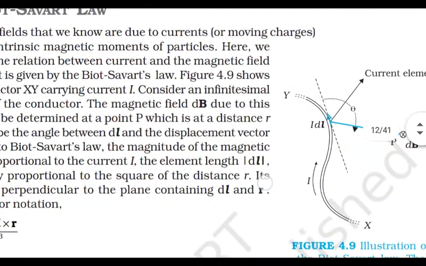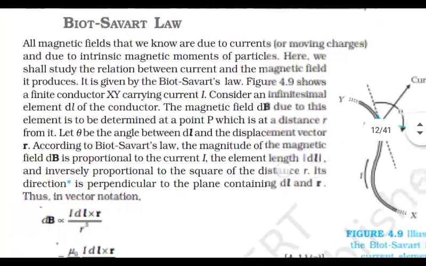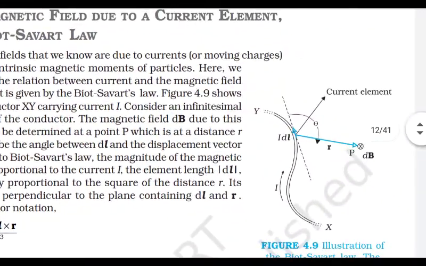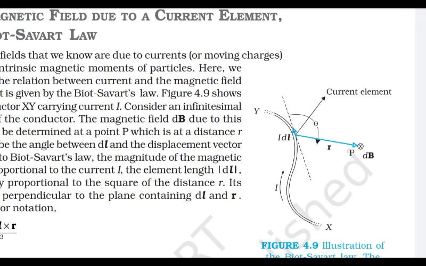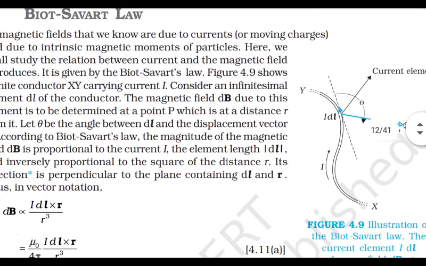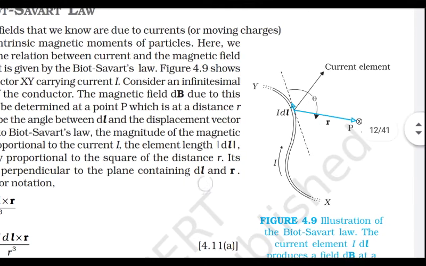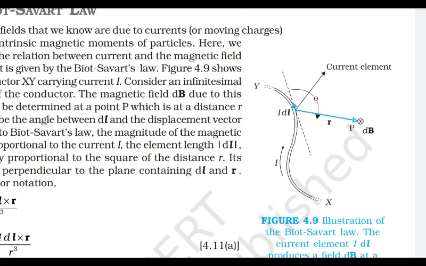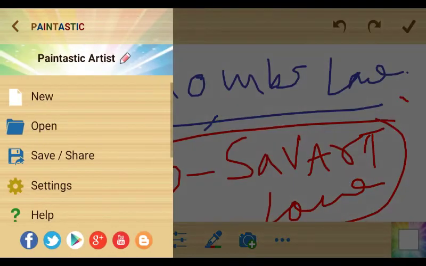The magnetic field dB due to this element is to be determined at point P, that is, how much magnetic field is produced at point P due to this small element. This is our aim. How it is done, I'll show you on my whiteboard.